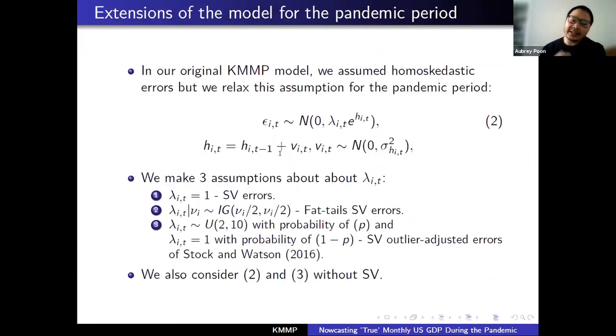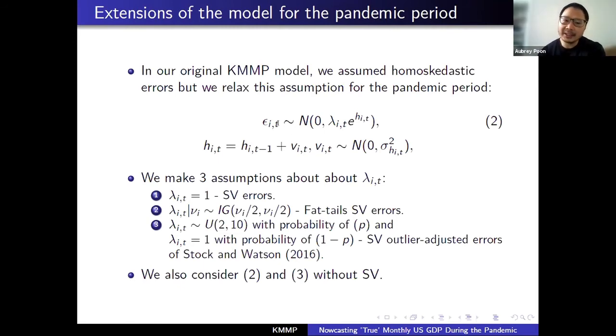So in our current paper, because in our earlier work we just assumed homoscedastic errors, we now extend our original model via different error specifications to accommodate the pandemic period.